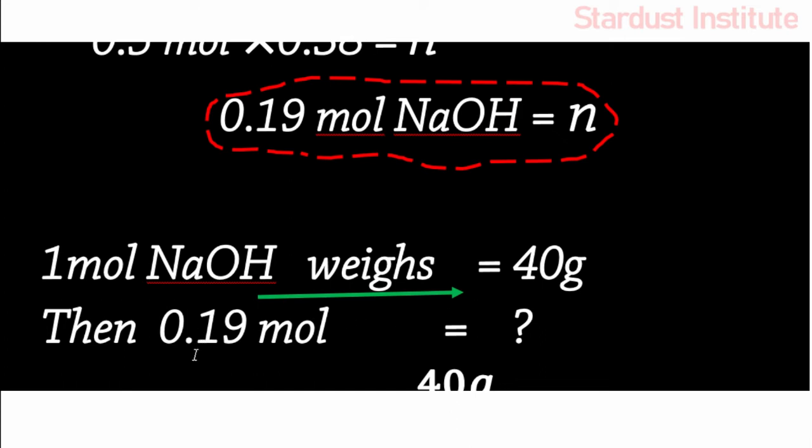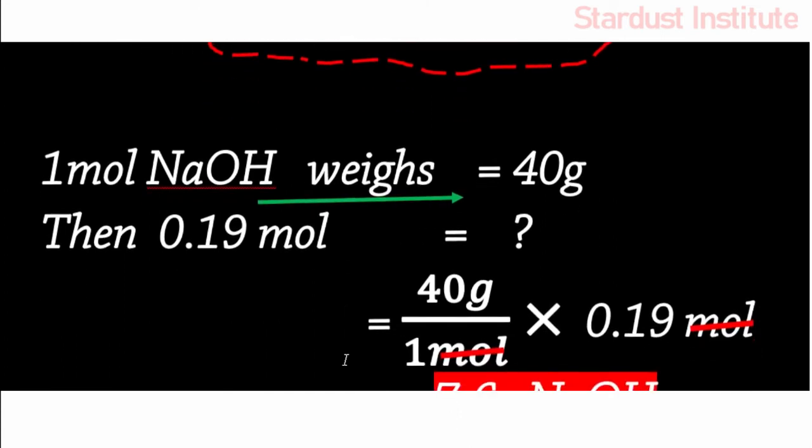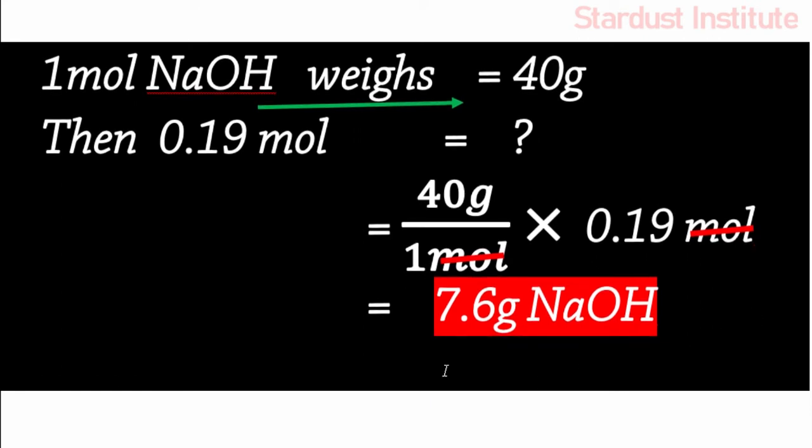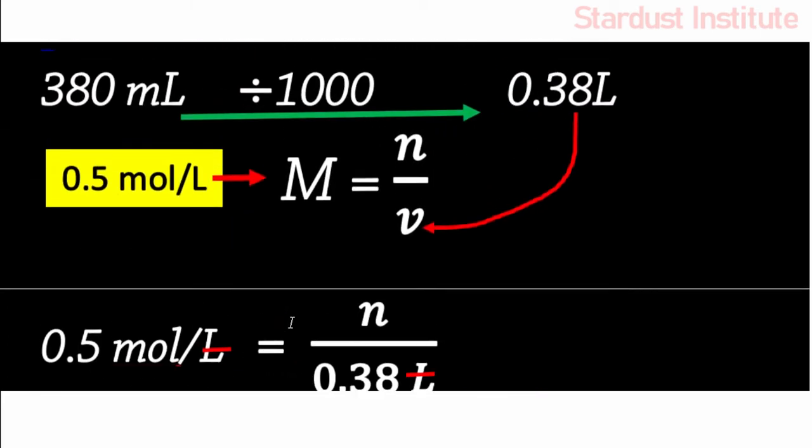Then the weight of 0.19 mole is 40 grams divided by 1 mole times 0.19 mole. We can cancel out the units, moles. The answer is 7.6 grams of sodium hydroxide.